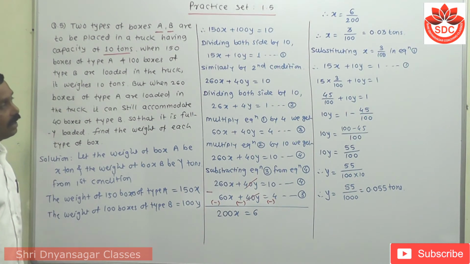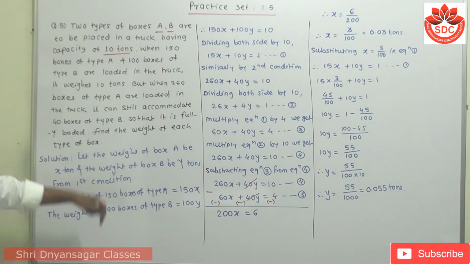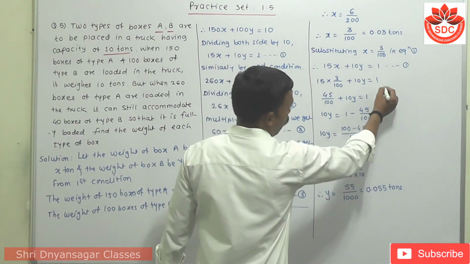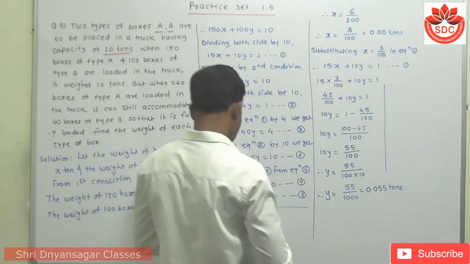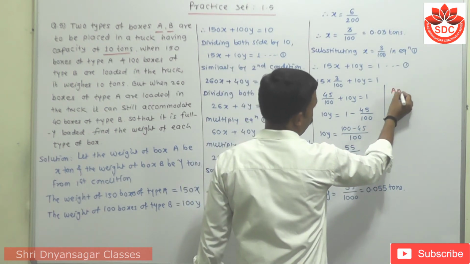Now this is the weight of the box y and this is the weight of boxes x. Now I have to write the answer in a full sentence. Here the question is to find the weight of each type of box, so that answer I have to write here. Answer.